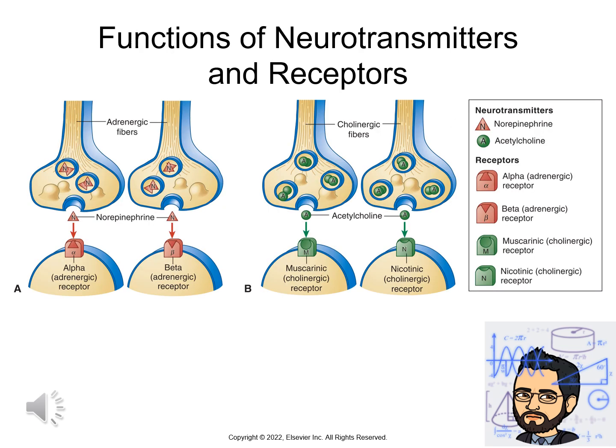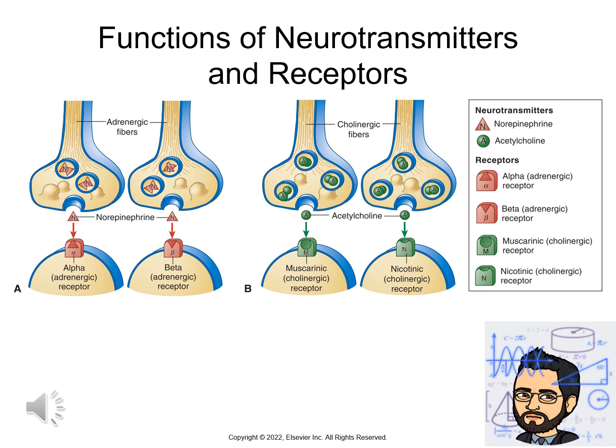Okay, here we have figure 22-6. I'm just going to read the caption under the image. You can get this from the book as well. Figure 22-6 shows functions of autonomic neurotransmitters and receptors. Figure A, norepinephrine released from adrenergic fibers binds to alpha or beta adrenergic receptors according to the lock and key model to produce regulatory effects in the postsynaptic cell.